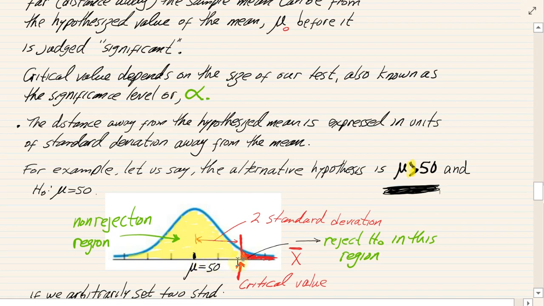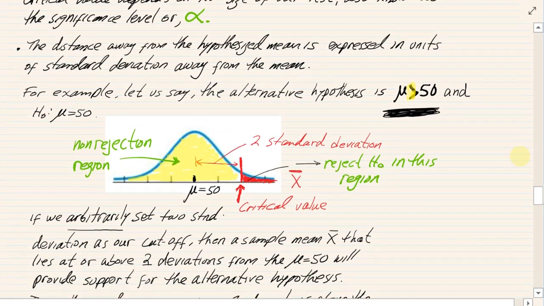If I see a score of 70 or more, I'm going to reject that it's 50. If I see 60, yeah, that's close enough to 50. If I see 54, close enough. If I see 40, close enough. 30, close enough. Because see, my interest is only in greater than. So this is what my concern is. I don't care about the rest of the distribution.